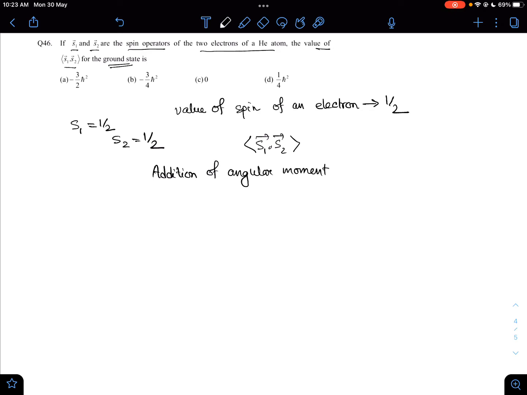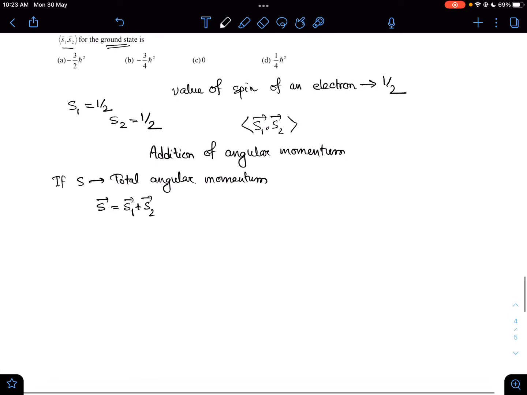Because we have two different electrons, they belong to two different subspaces, so we have to add them and express their addition in product space. So if S is the total angular momentum, then according to the addition of angular momentum we can write S = S1 + S2.